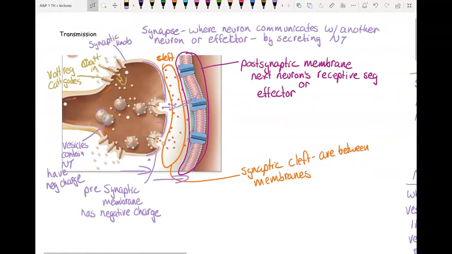So here, if this vesicle were to get too close to the membrane, it would be repelled back away from the membrane.